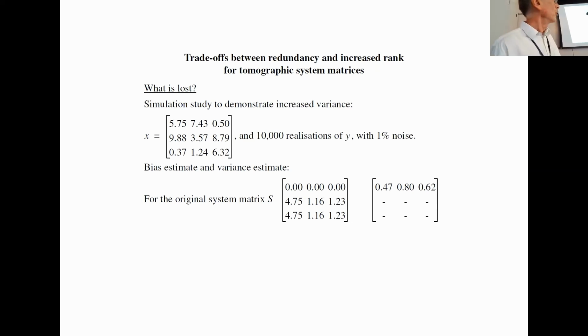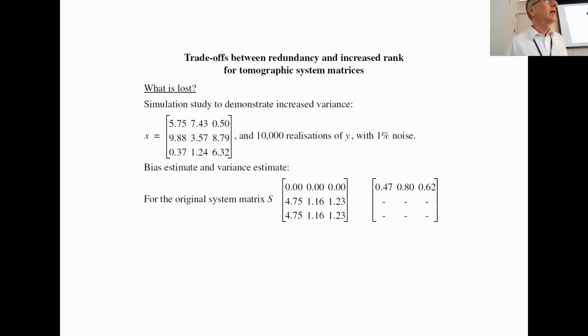Right? 9.88, so those are the absolute true values. I'm not sure which way it went, but 9.88 might have been 5 point something in the reconstruction. So it was not even close. The top row on the right-hand side shows the variances. I've only put the variances for the 3 region of interest pixels because those are the only ones we care about. The other part of the image is crap. So we want to see what the variance looks like for the 3 region of interest pixels.